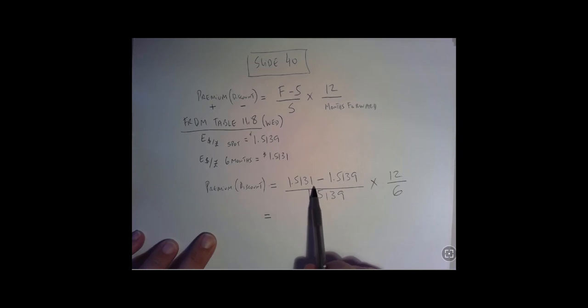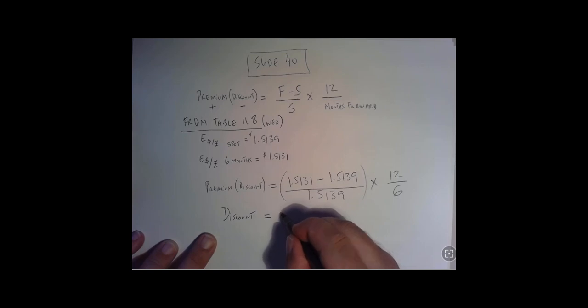You can see immediately from here that this is going to be a negative value. 1.5131 minus 1.5139 is going to give a negative value. The discount, and this number is going to give negative 0.001, the same as negative 0.1%.